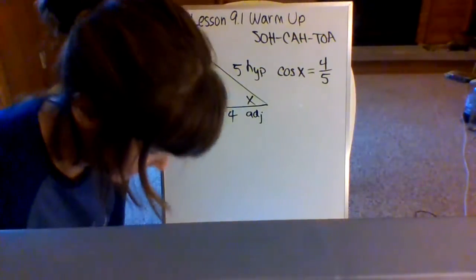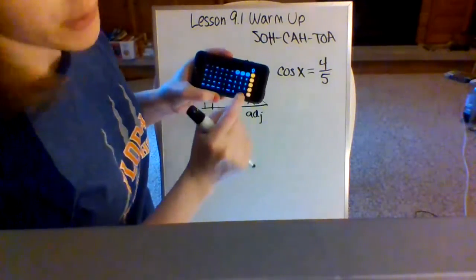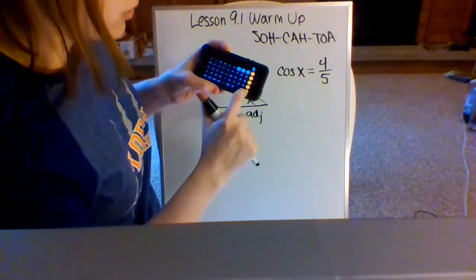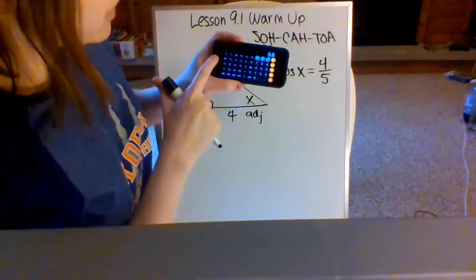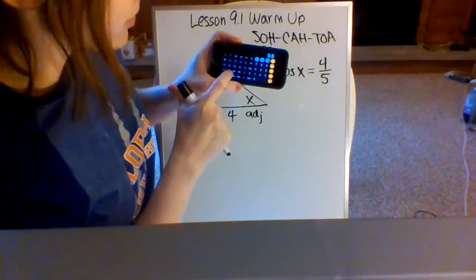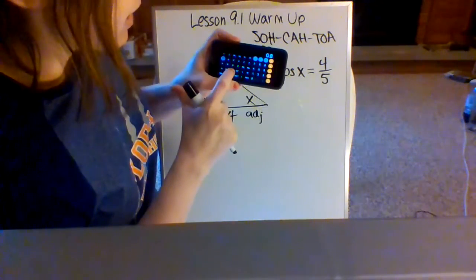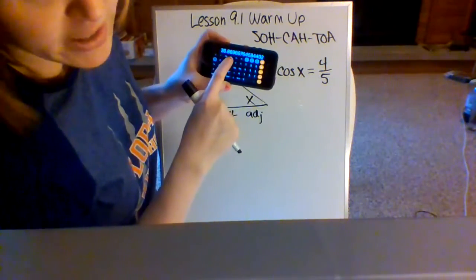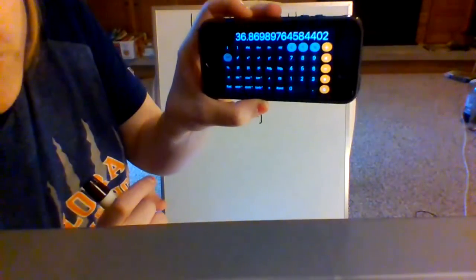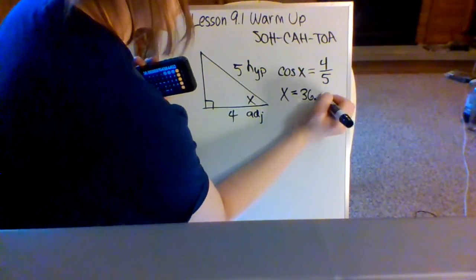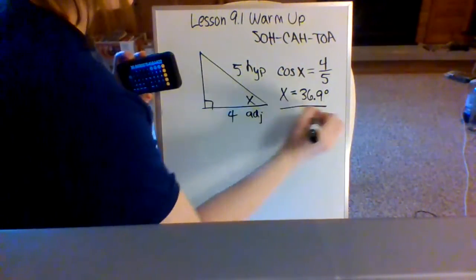So, on your phone, first you're going to do 4 divided by 5. And then equals. Now, you're going to have to press second because right now it just says cosine. We want cosine inverse. So you press second and then cosine inverse. And it should be 36.9. So x is 36.9 degrees.